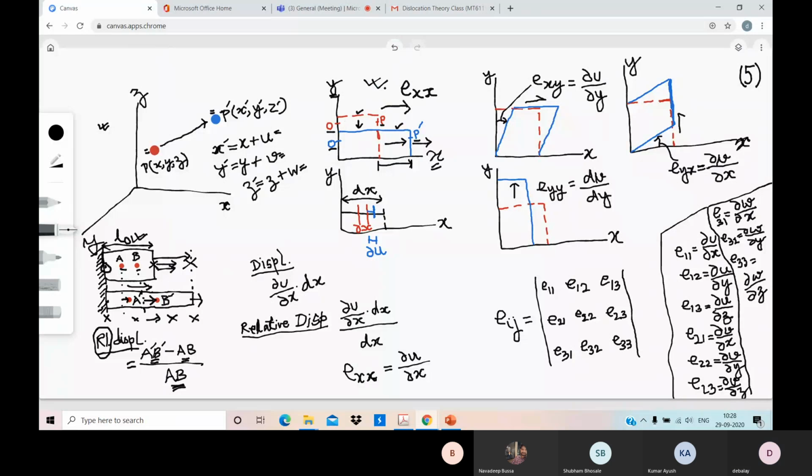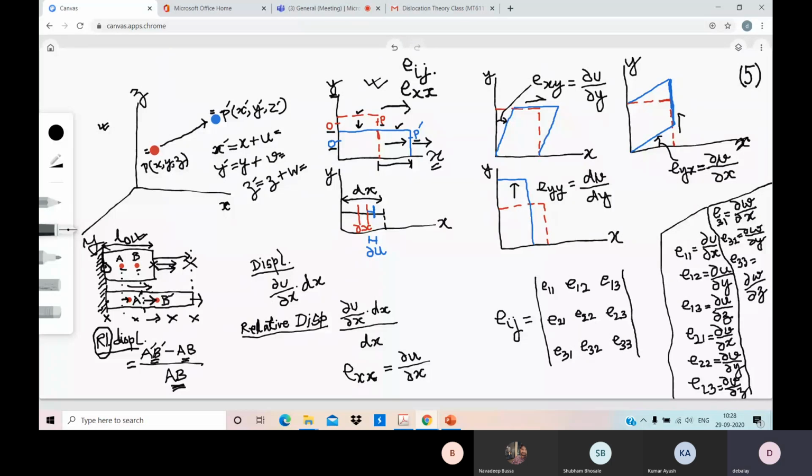We write it as Exx, where the first x, if I write it in a more general form, Eij, the i stands for the direction towards which the point is moving. So here the point is moving towards the direction x, and j stands for the direction to which the movement is proportional.